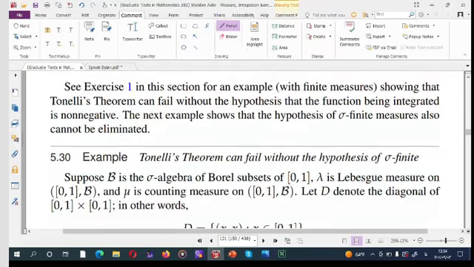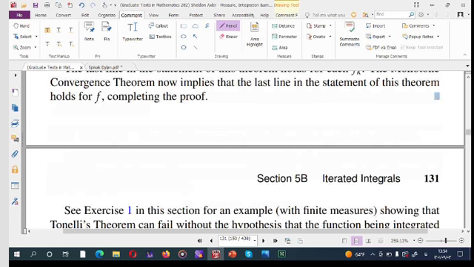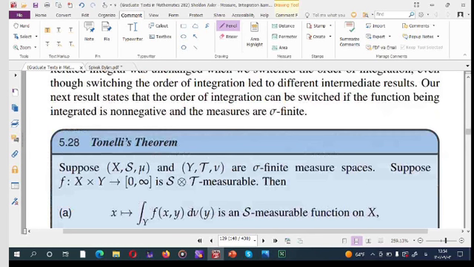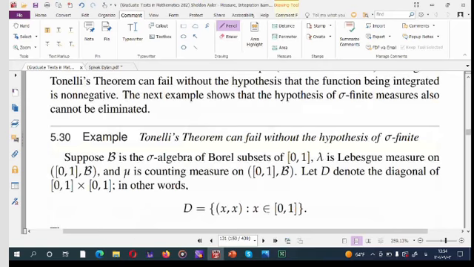We have some examples. Tonelli's theorem can fail without the hypothesis of sigma finite. In Tonelli's theorem, we assume that these two measure spaces are sigma finite. Okay, if we omit this assumption, this theorem may be false.